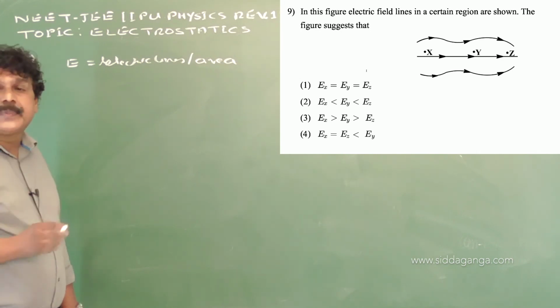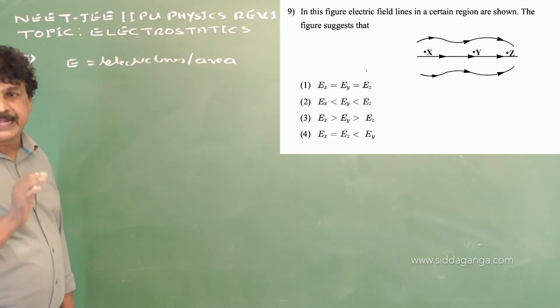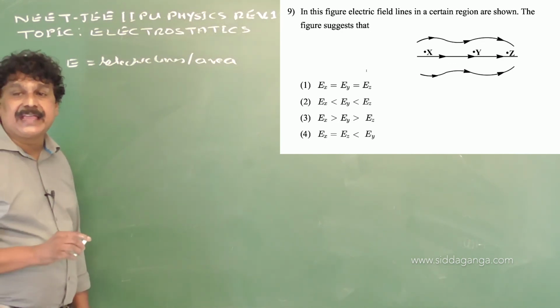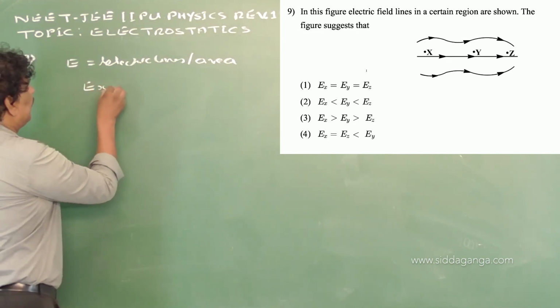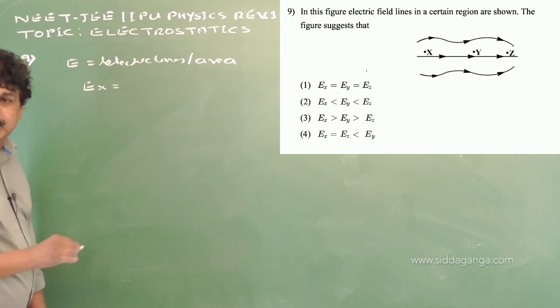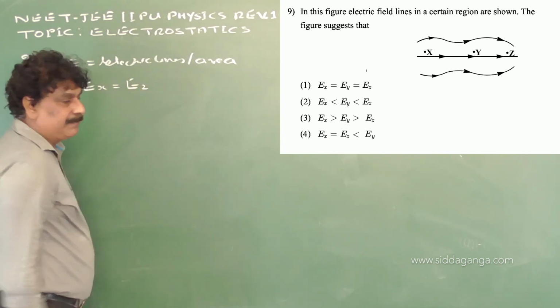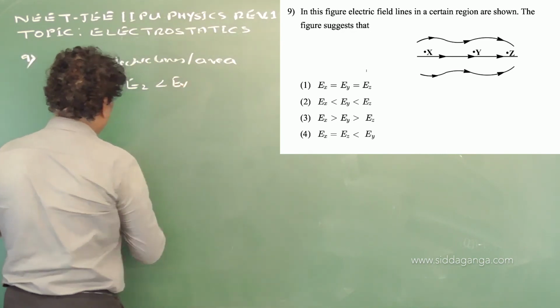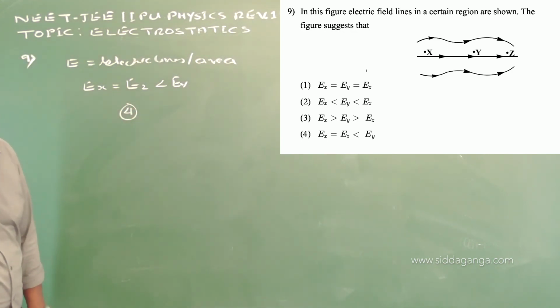But at x and z the area is more, at y the area is less. Therefore, the electric field at x is equal to the electric field at z, but less than the electric field at y. Therefore, the fourth one is the right option.